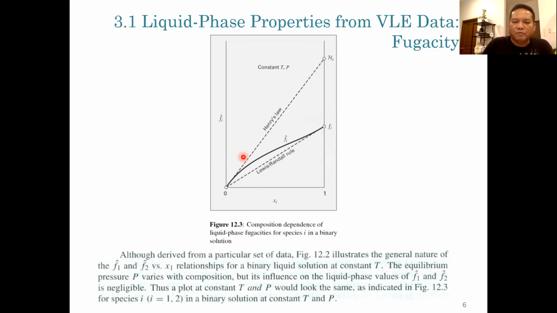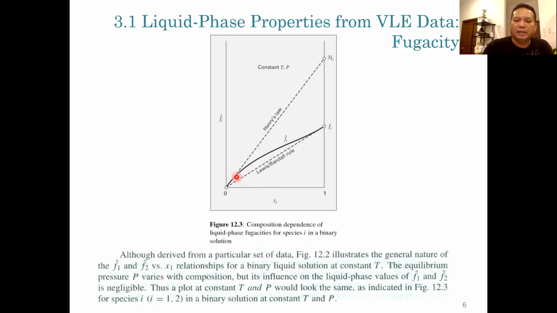So from this, as you read in the book, for pure species it's better to use the Lewis-Randall rule. And for infinite dilution, when the fugacity of species 1 is almost 0, tending towards 0, then we need to use Henry's law.